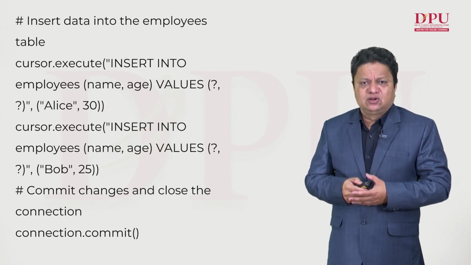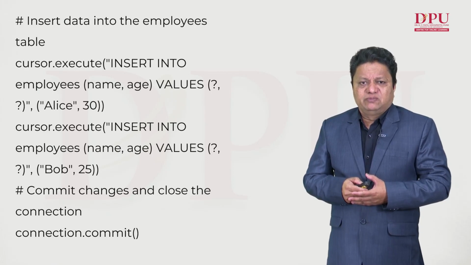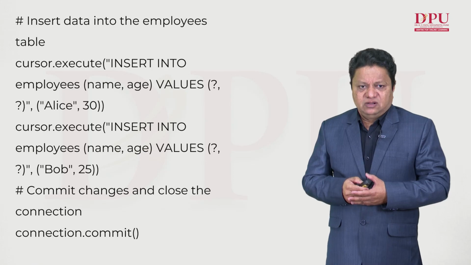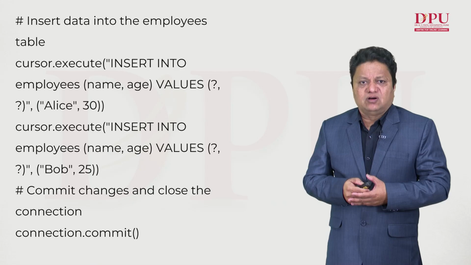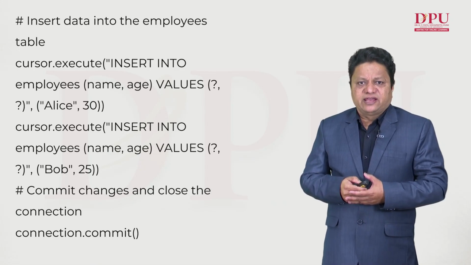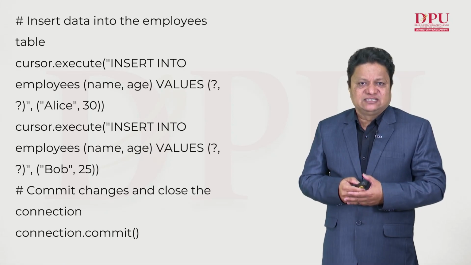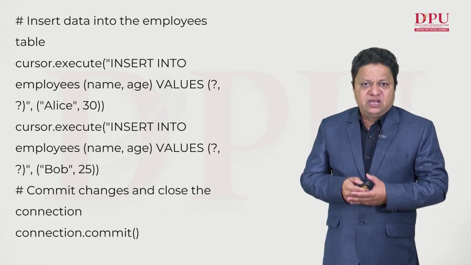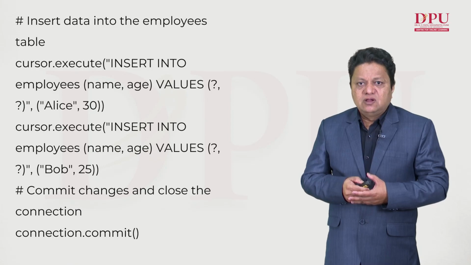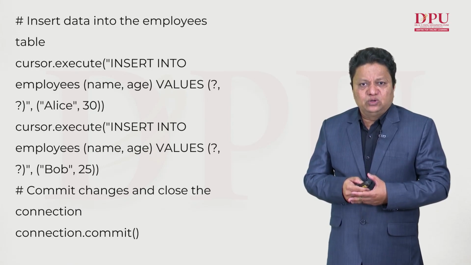How to insert the rows into a table that we have created. To insert data into the table, we need to call the execute function on the cursor again. So, cursor.execute, and in the rounded bracket, in double quotes, write the SQL query such as insert into the table name, that is employees. Which attributes do you want to insert the data into?